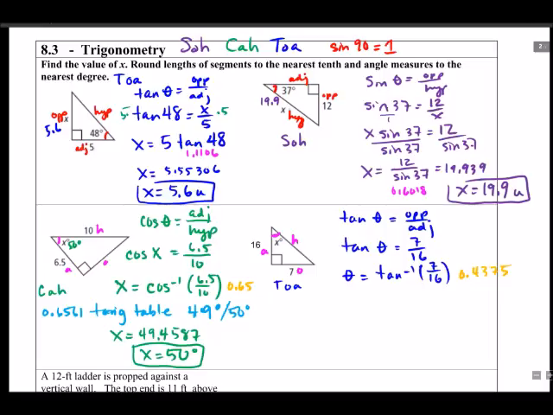So on the trig table, you have 0.4245 or 0.4452, which would be 23 degrees or 24 degrees. It's pretty close to right in between those. It's a little closer to 24.